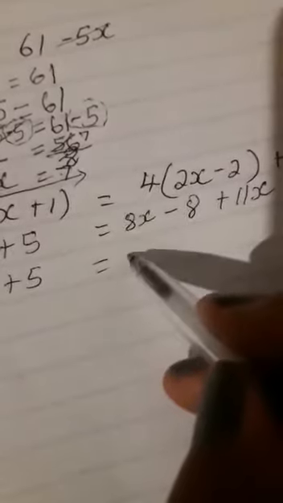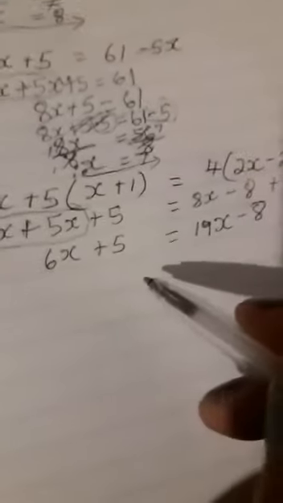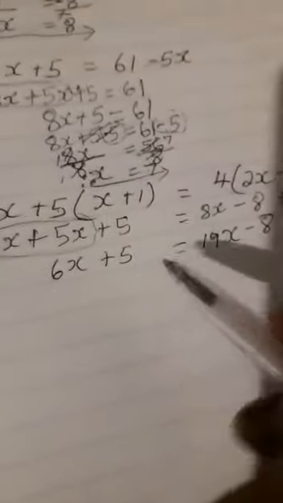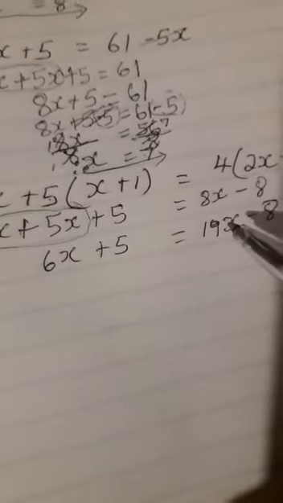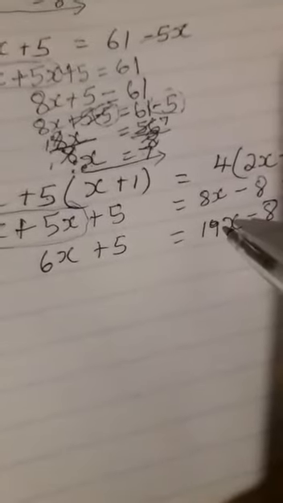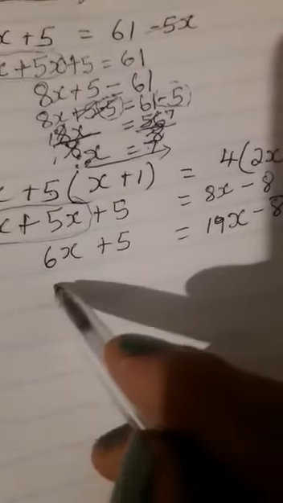The signs are the same. So it's 11 plus 8, which is positive 19x minus 8. Then now what are we going to do? Let's take this term with a variable from the right hand side and put it on the left hand side.